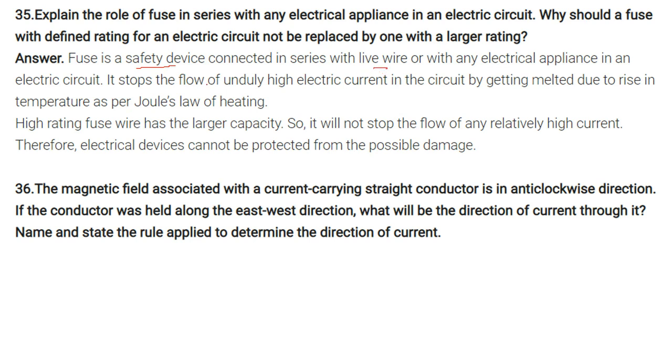It stops the flow of unduly high electric current in the circuit by getting melted because of the rise in temperature as per Joule's law of heating. A high rating fuse wire has a larger capacity, so it will not stop the flow of relatively high current, as we said, unduly. Therefore the electrical devices cannot be protected from possible damage.